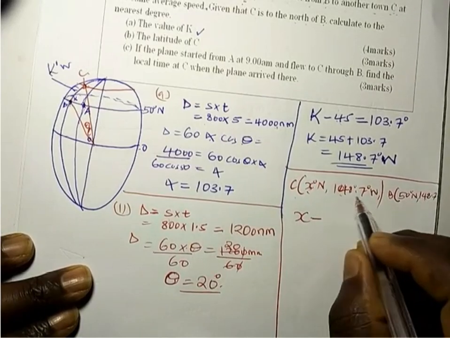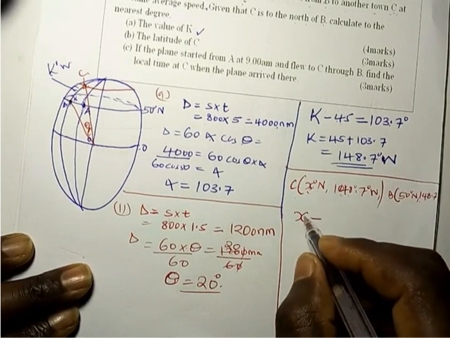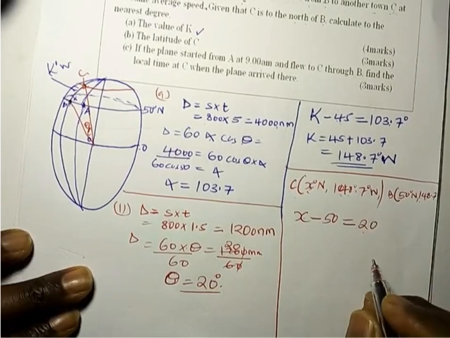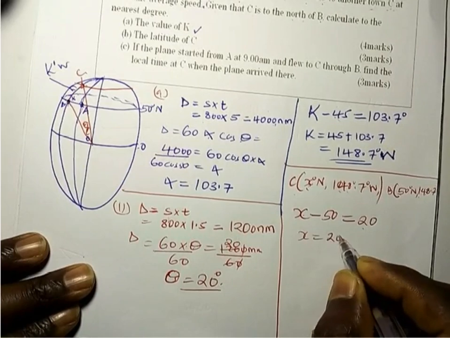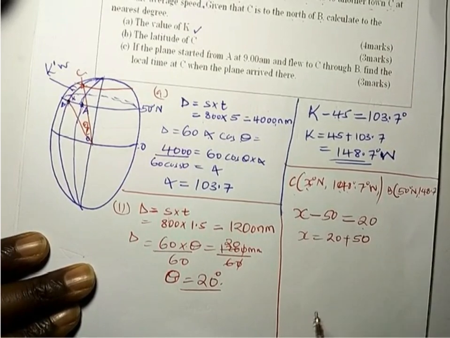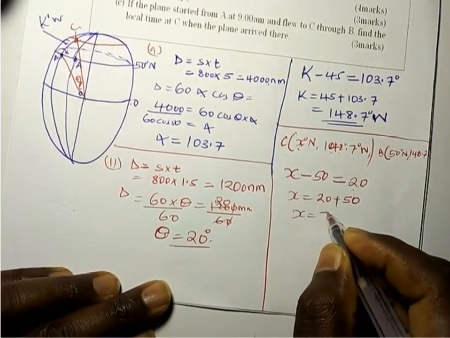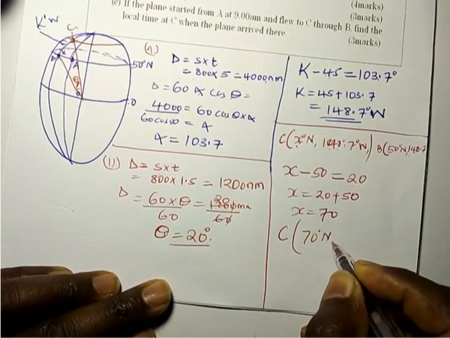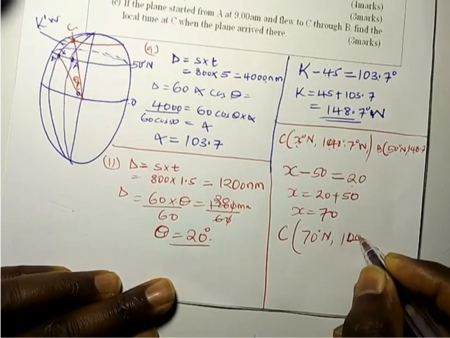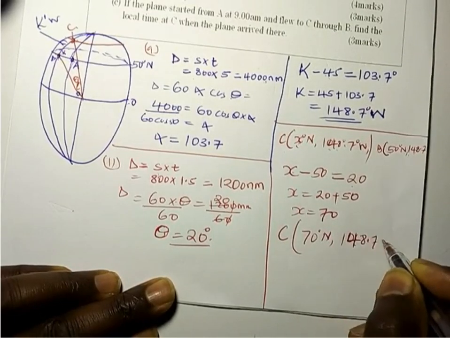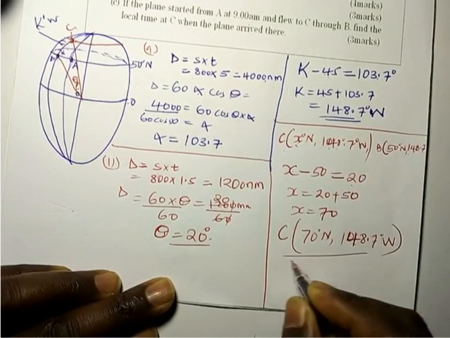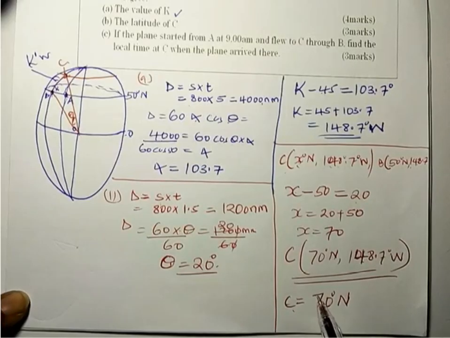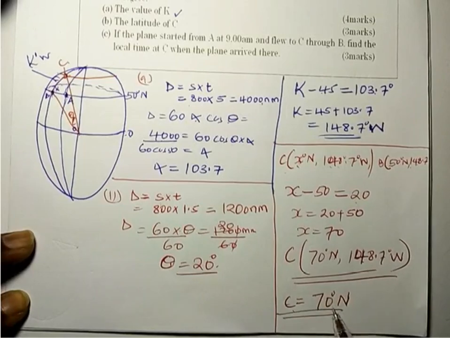So you see they're on the same longitude, so we don't mind that. So X minus 50 will give us 20, the angle difference. Therefore, X is equal to 20 plus 50, and that X is equal to 70. So C is 70 degrees north, 148.7 degrees west. The latitude is 70.